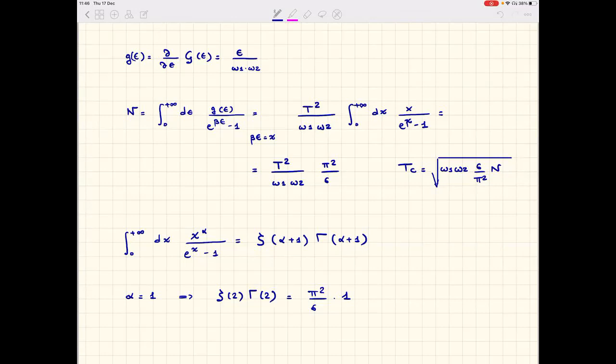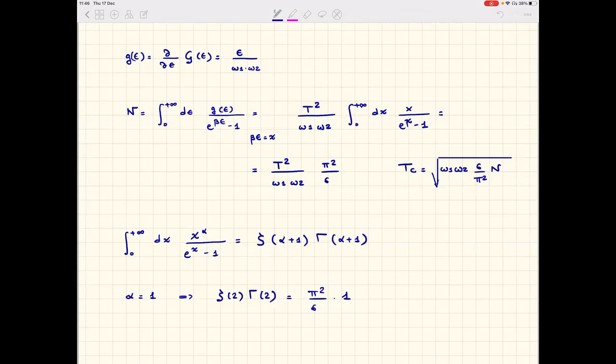All right, so this is what you get. The purpose of this exercise was to tell you that if you have a two-dimensional system, it's not true that for any two-dimensional system there is no Bose-Einstein condensation.